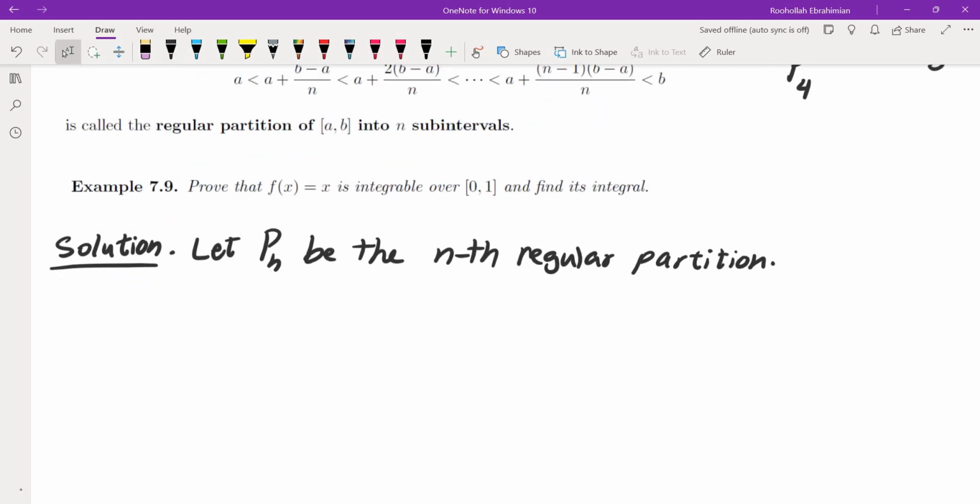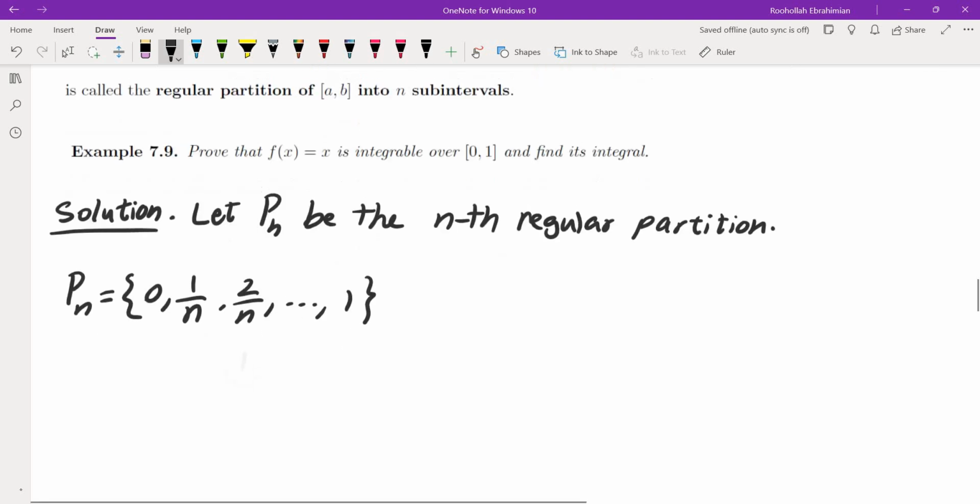We are going to look at first Pn. So Pn divides [0, 1] into n different subintervals, so the length of each one of them is 1 over n. So 0, 1 over n, 2 over n, all the way to 1.